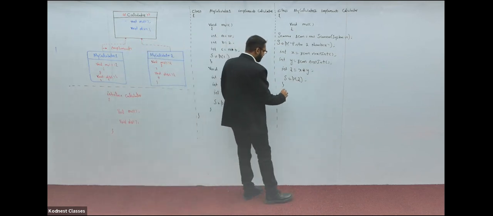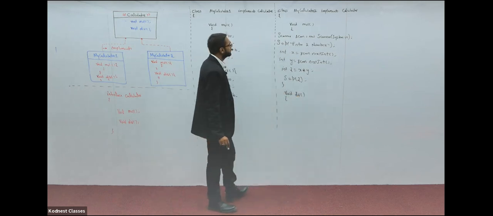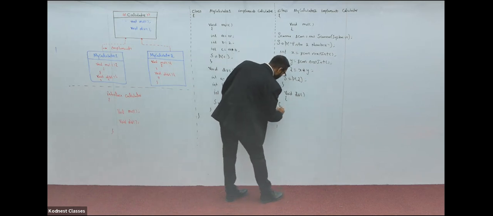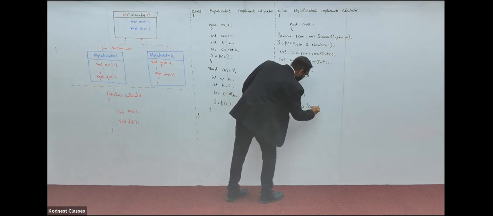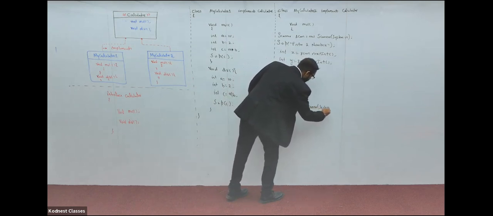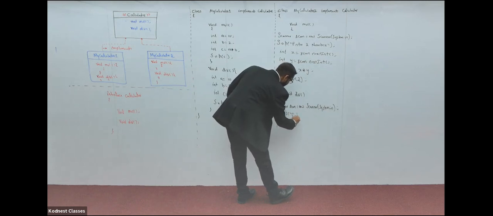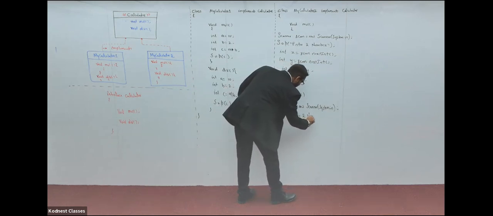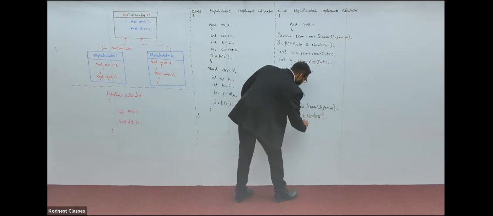I have to give the body to the div method also. This is void div. Here also I'll create the scanner object. Scanner scan equals new Scanner(System.in). I would tell System.out.println enter 2 numbers. The user will enter the 2 numbers.